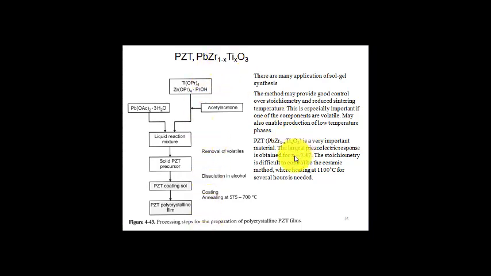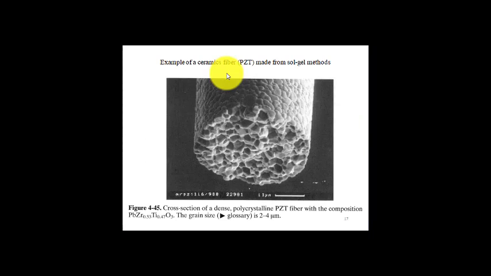For example, if we want x 0.47, then the mole ratio will be set so that titanium will be 0.47 and zirconium will be 0.53, because zirconium is 1 minus x, 1 minus 0.47 means 0.53. Zirconium will be 0.53 and titanium will be 0.47, and we will get the required product.